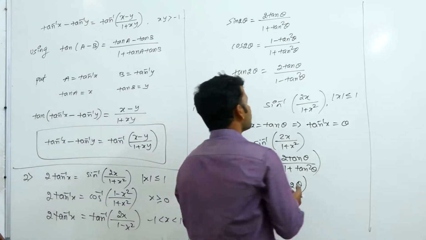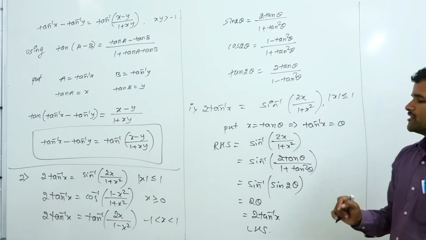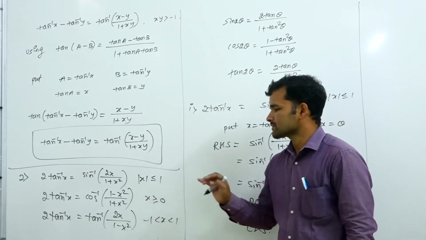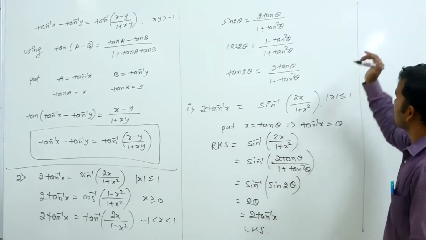Coming to the second problem, what is that? 2 times tan inverse of x is equal to cos inverse of 1 minus x square by 1 plus x square.